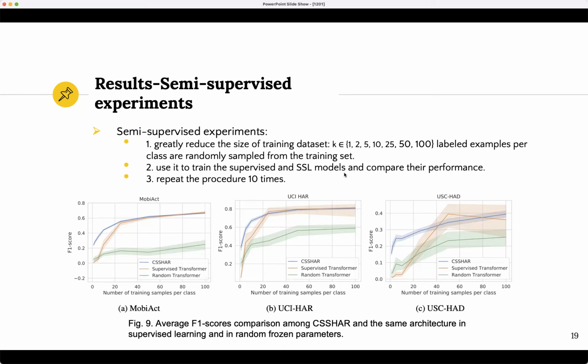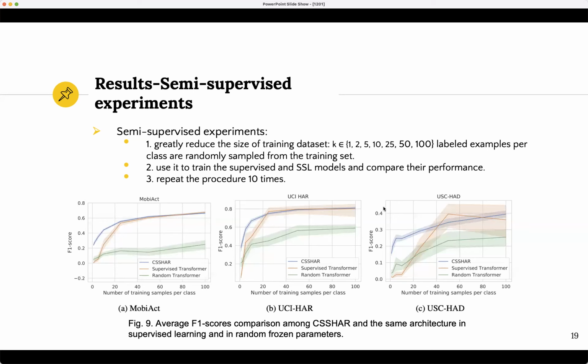Per class means if we have 6 classes, we only have 600 labeled data for the training. And they use this small data set to train the supervised and also self-supervised learning models and compare their performance, and this procedure repeats 10 times.